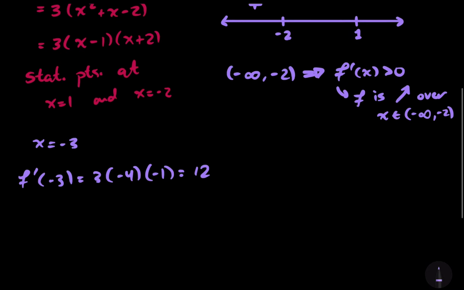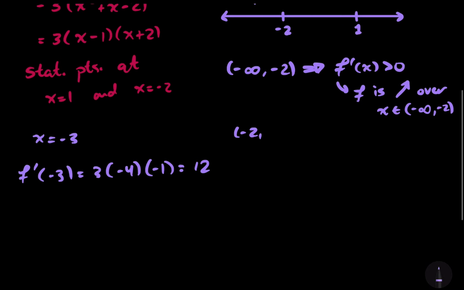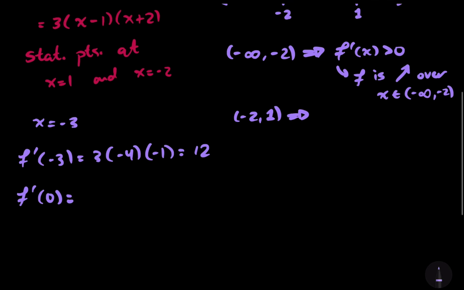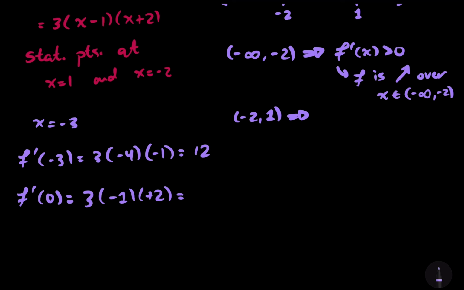And then we can take a look at the interval from -2 to +1, right? And so over here, we can pick any arbitrary value. The easiest one is probably just 0, right? So we can take f prime of 0, because 0 is contained within our interval, and we'll end up with 3 times -1 times +2. +2, I know I wrote a negative there. And that's going to be, what, -6?